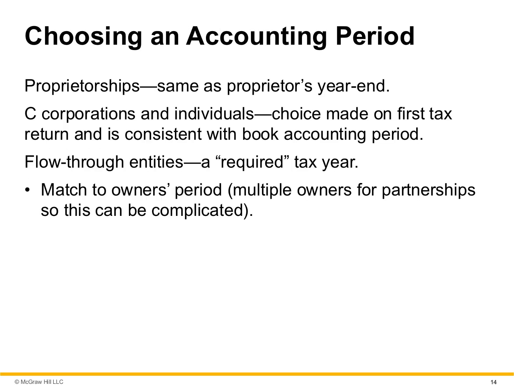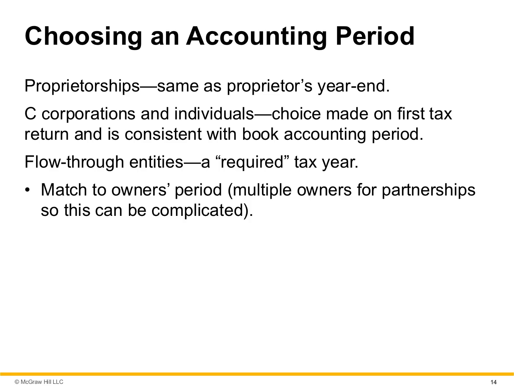So when choosing an accounting period for a business, the options that are available to you typically depend on the type of business entity that you have. As the slide mentions, for the most part, proprietorships have the same tax year as the proprietor's individual tax year end.